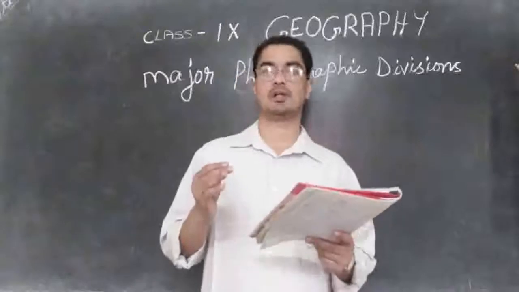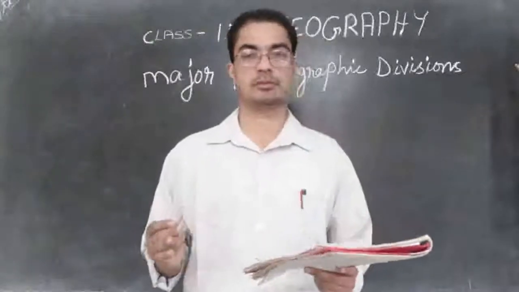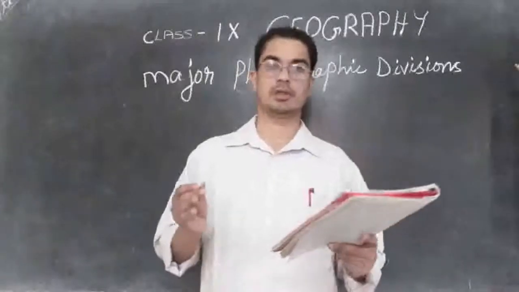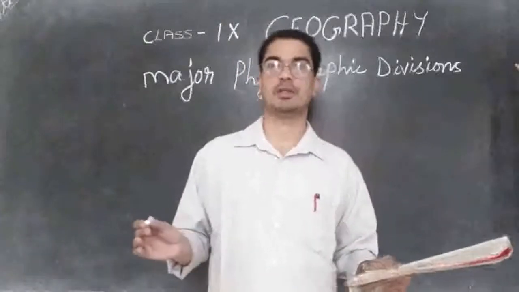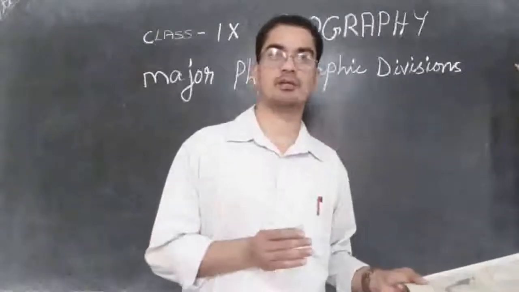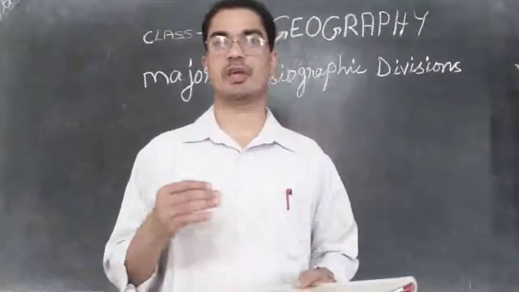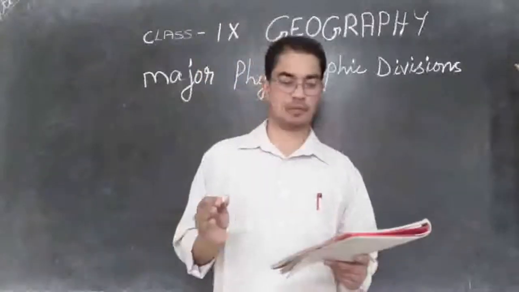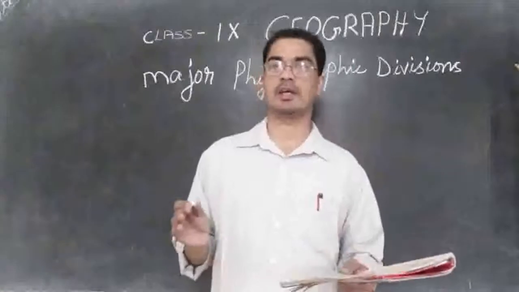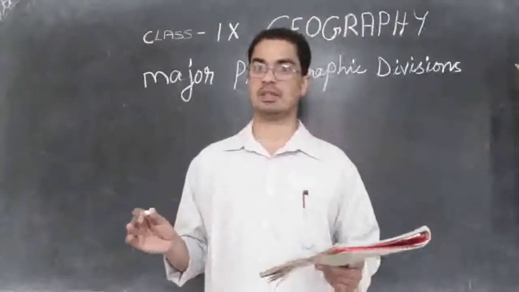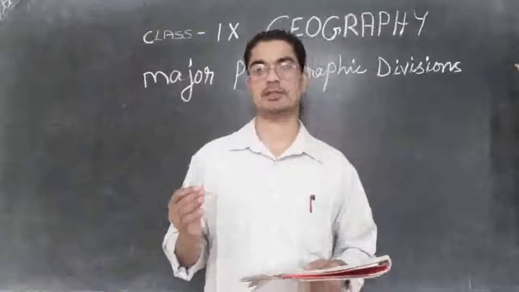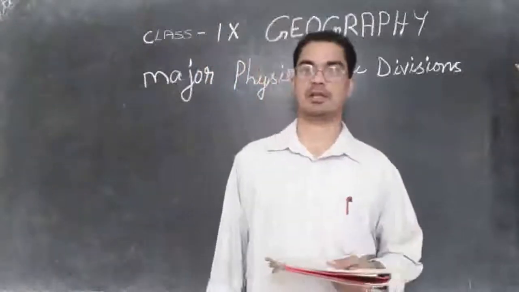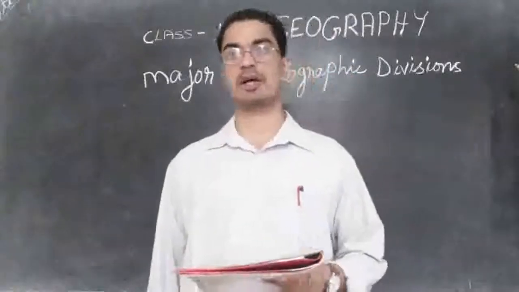We know that around the Deccan Plateau, on both sides we have seas: one side the Arabian Sea, another side the Bay of Bengal. Along that sea we have the coastal plain area, which is very near to the sea. We'll be studying about that. Then we have the islands, Lakshadweep and Andaman and Nicobar Islands.